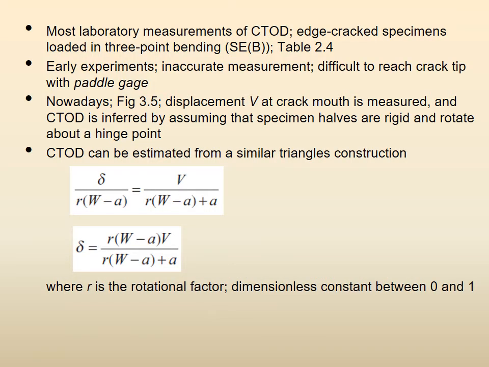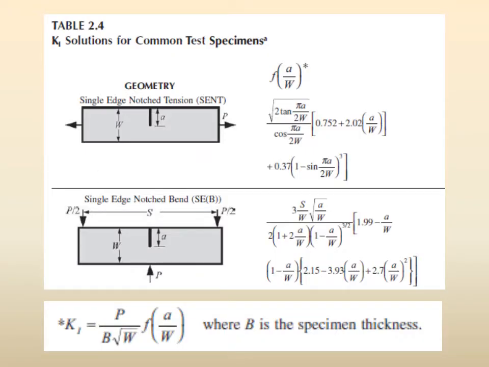Then we talk of laboratory measurement of CTOD, and we talk of the hinge model and so on. We remind ourselves of the SENT, which is not required, but the SEB, the single edge notch bend specimen, which we used for this measurement.